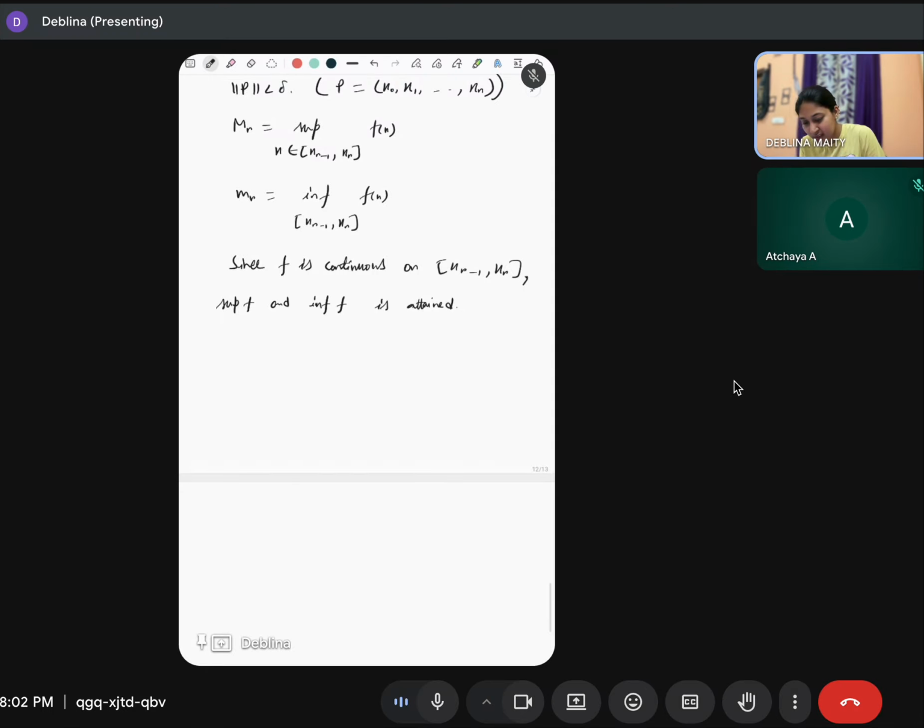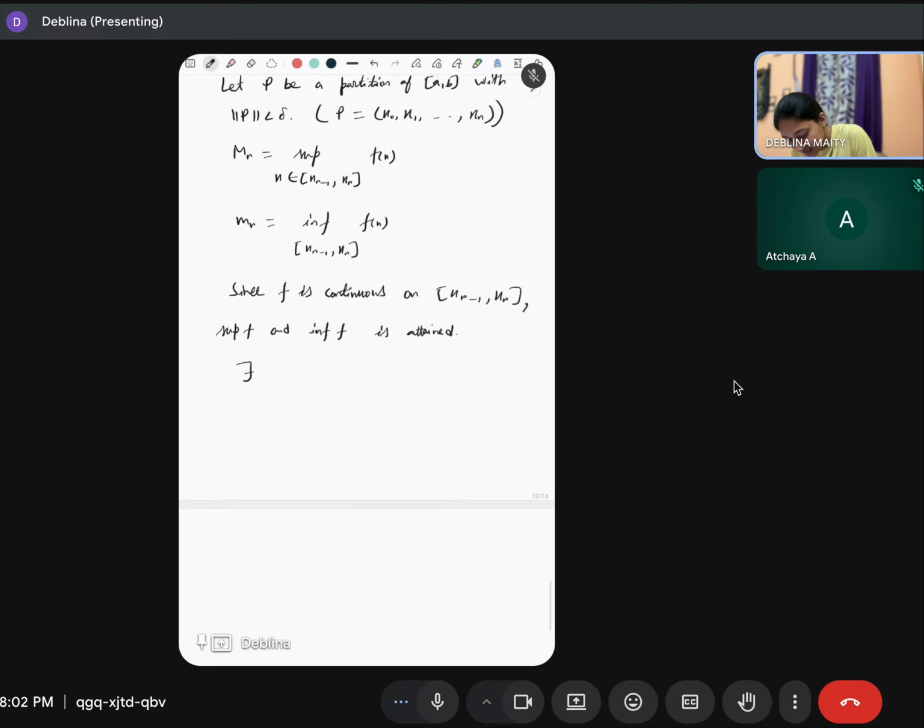This means there exists some zeta_r belonging to [x_{r-1}, x_r] such that capital M_r is actually f of zeta_r, right? This means the supremum occurs in this interval; actually the supremum here is the maximum, right?